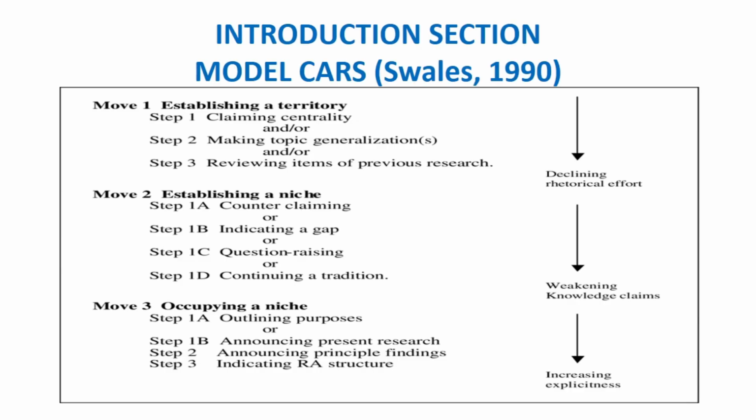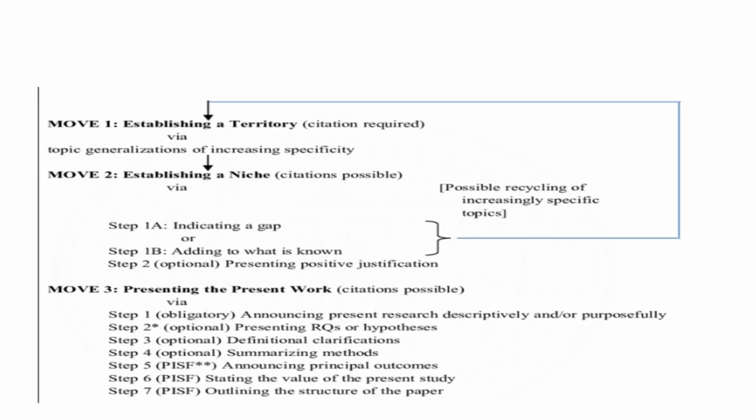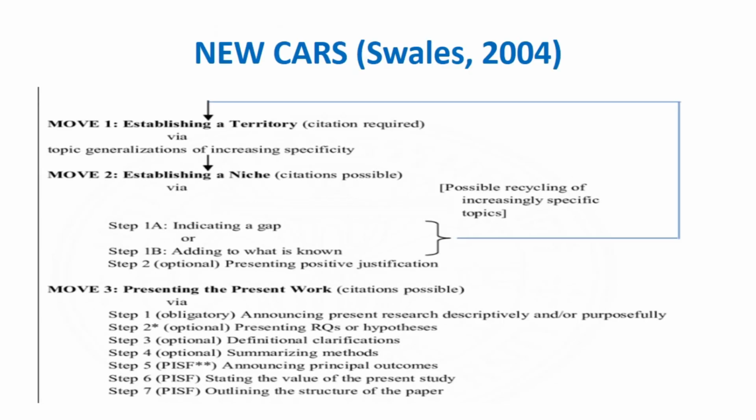But the latest model of the CARS model from Swales is a little bit different, in which move one is simplified into a topic generalization of increasing specificity, or establishing a territory is only by one step, and then move two contains three steps: indicating a gap, adding to what is known, and then step two, which is optional, presenting positive justification.